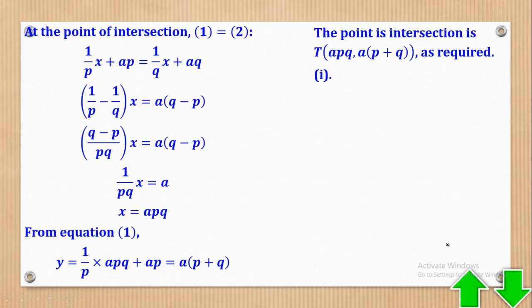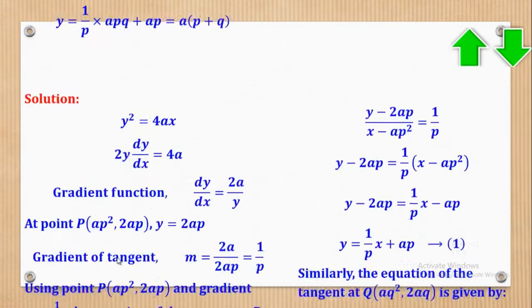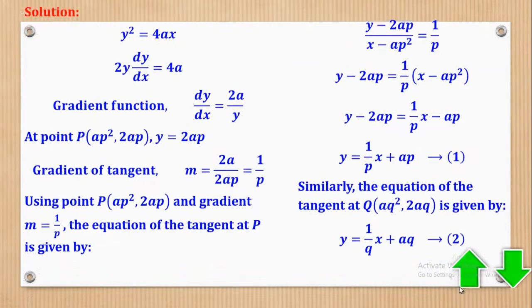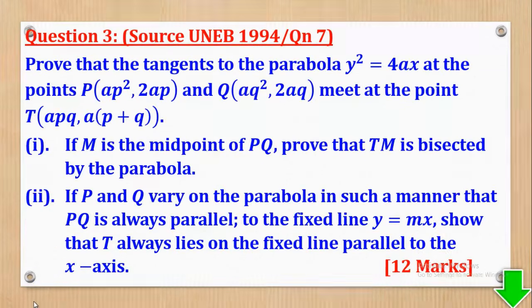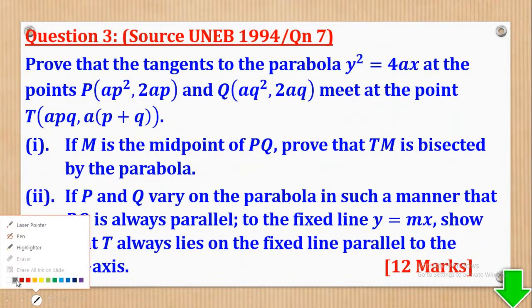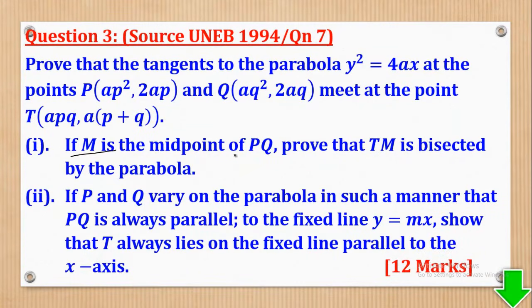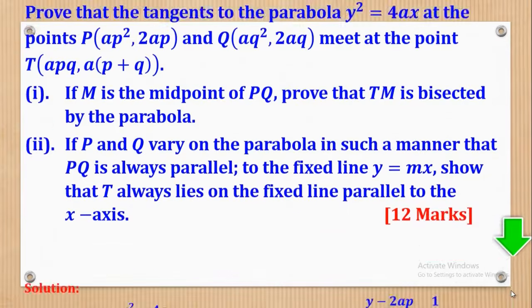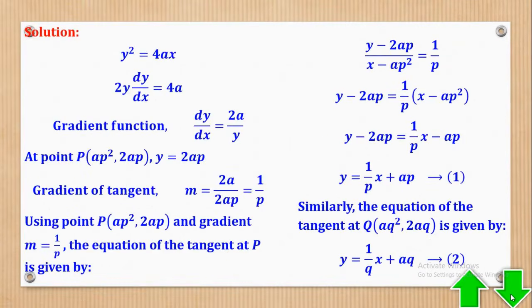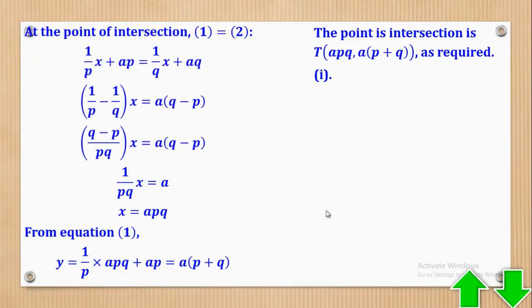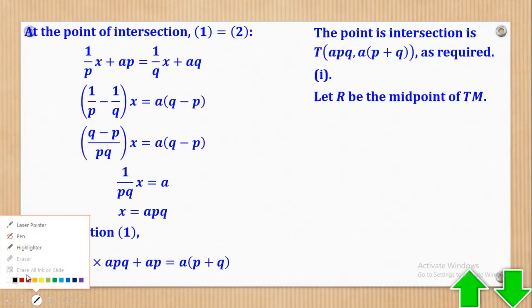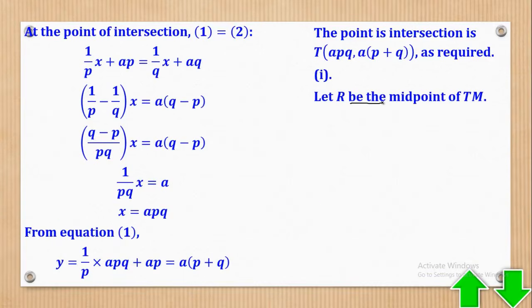Now we shall go to Roman 1. Roman 1 says, if M is the midpoint of PQ, prove that TM is bisected by the parabola. So let R be the midpoint of TM.